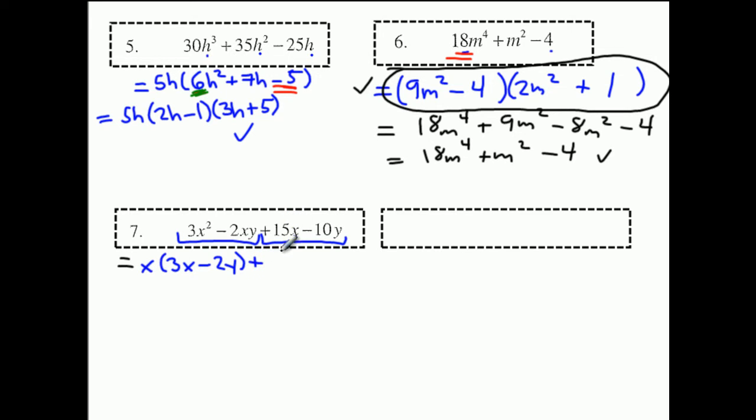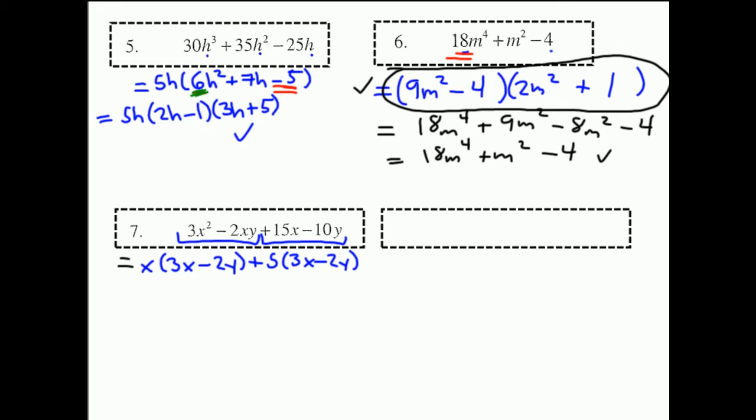It doesn't look like I can pull out any letters because they don't have anything in common there. So if I pull out a 5, I get 3x and then minus 2y. So if I distribute this 5 back in, I get 5 times 3 is 15x. 5 times negative 2 is negative 10y.